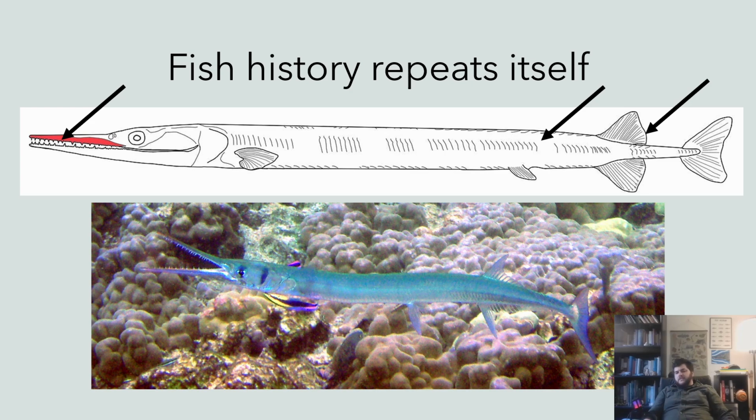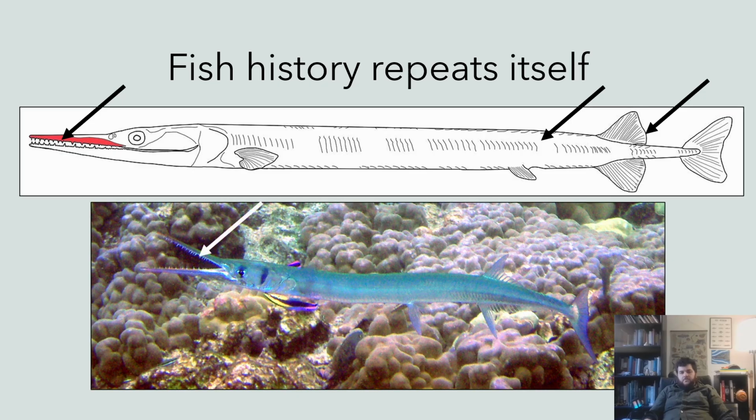So we're going to talk about this, but I think the critical broader takeaway here, right, is that because history is repeating itself, we can use history as a guide to understand what might happen in the future, right? The future is not easily predicted, but we can learn about things that may happen in the future from things that have happened in the past, right? So, fish history does repeat itself. And there's those really long jaws and that long arrow-shaped body I talked about.